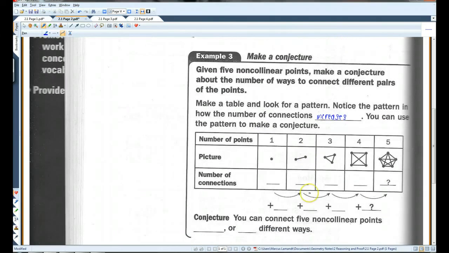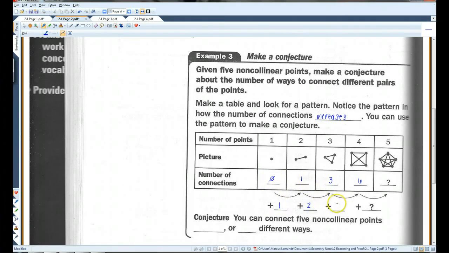Alright, so in this case, when there's only 1 point, we have no connections. 2 points, we have 1 connection. 3 points, we have 3 connections. 4 points, we have 1, 2, 3, 4, 5, 6. 6 connections. Notice how when we get from this one to this one, we add 1. From here to here, we add 2.